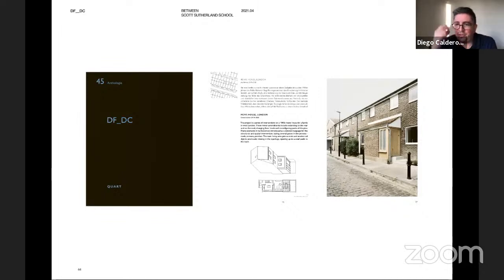We don't see ourselves as being in possession of such an important body of knowledge that we need to share it, but it's more about this cycle of offering something to others and acquiring so much from others in the process.